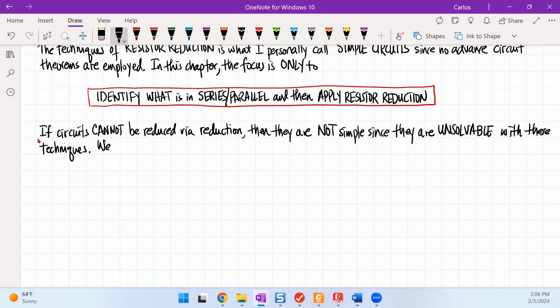We break up this chapter into two parts. So one, we have circuits that only have independent sources.